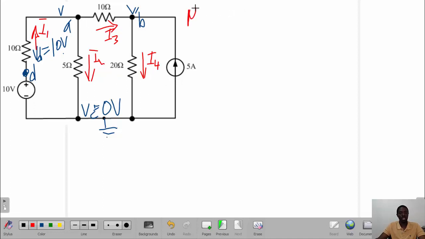So at node A, we apply KCL, which means the sum of currents entering is equal to the sum of currents leaving. In this case, we've got more currents leaving. So I2 plus I3 should give us I1.